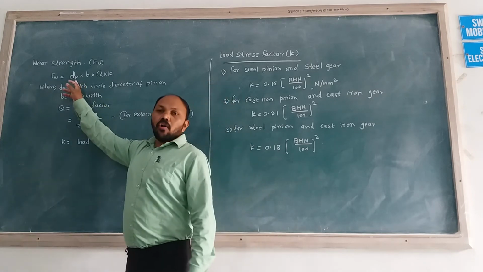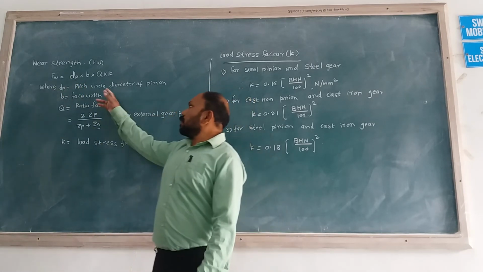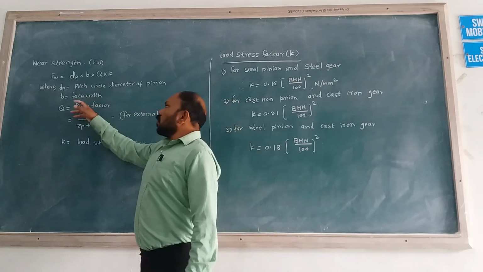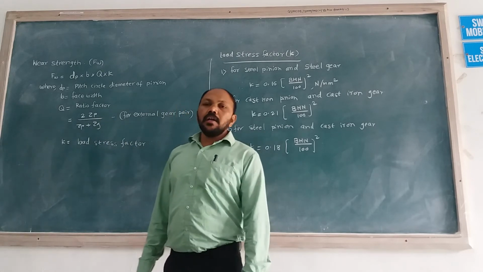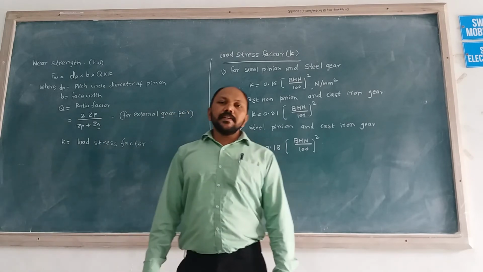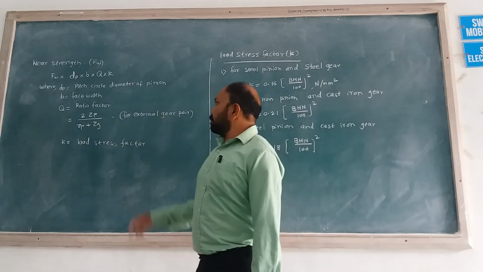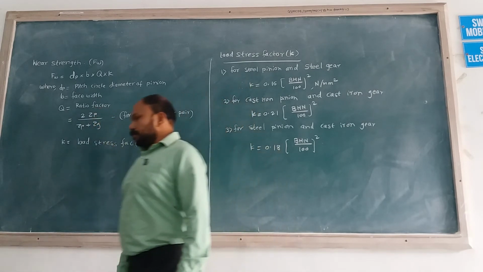Now, here dp is always put, where dp is the pitch circle diameter of the pinion. b is called face width, Q is called ratio factor. The formula for ratio factor is equal to 2 times Zp upon Zp plus Zg. For an external gear pair, use this formula.